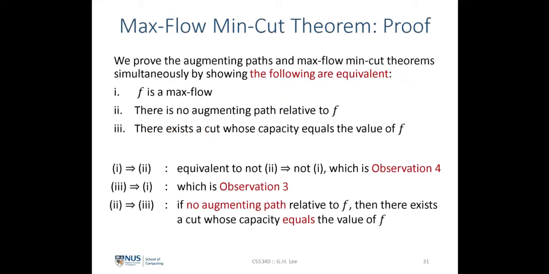We'll prove the augmenting path theorem and the max flow min cut theorem simultaneously by showing that the following 3 properties are equivalent.